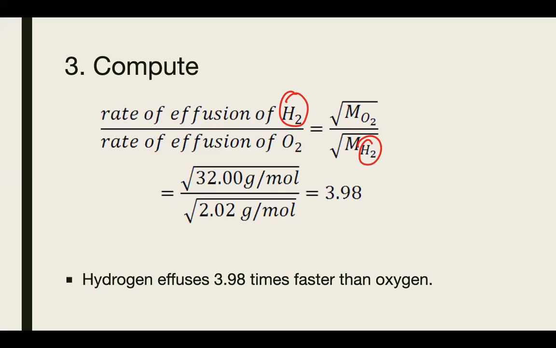So the molar mass of O2 is 32 grams per mole, and H2 is 2.02 grams per mole, and that gives you a ratio of 3.98, which is basically 4. So that means that hydrogen effuses 3.98 times faster than oxygen.